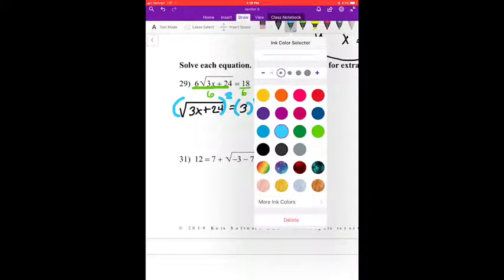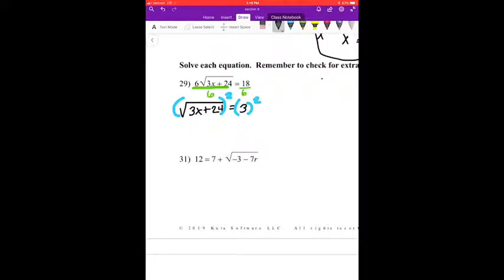So, the square root of 3x plus 24, quantity squared, is 3x plus 24 equals 3 squared, which is 9. Now I can just solve it like a regular old two-step equation, right? So I have 3x equals, what is 9 minus 24? Negative 15. If I divide both sides by 3, what does x equal? Negative 5.